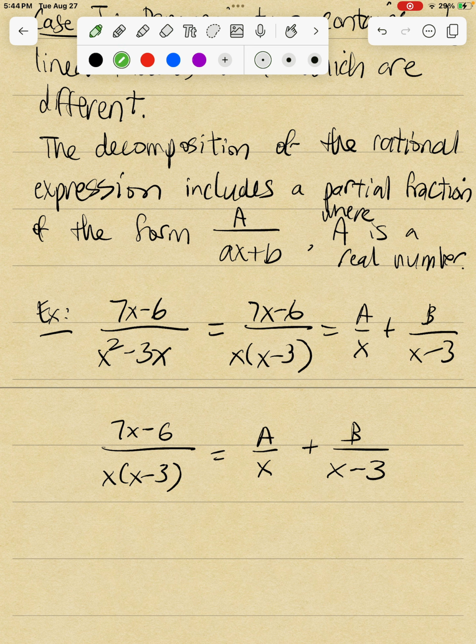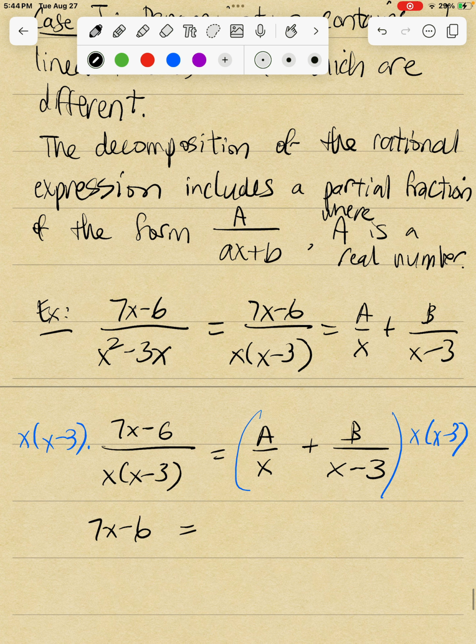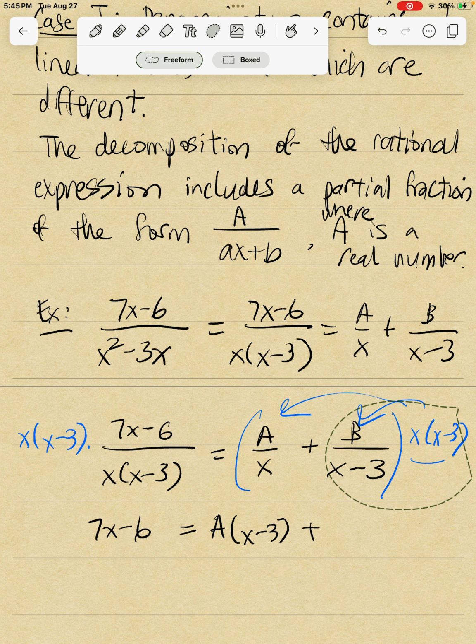One thing you can do is multiply both sides of the equation by the denominator. If you do that, you're going to get 7x minus 6 on the top, and then you distribute this x times x minus 3 across. For the a over x, the x's are going to cancel, so you're going to have a times x minus 3, and then plus, for this term, the x minus 3's are going to cancel, and so you're going to be left with b times x.